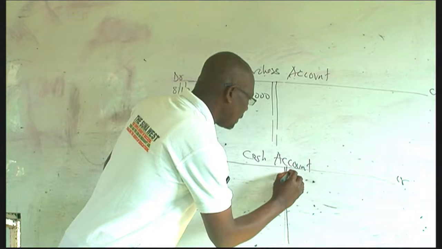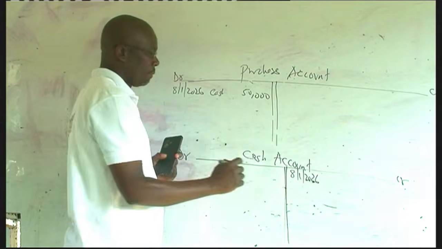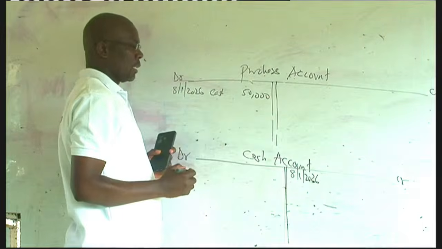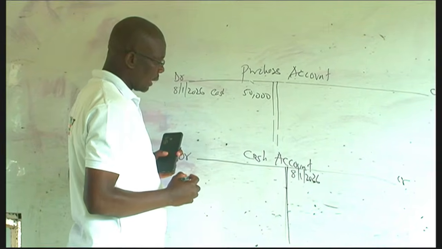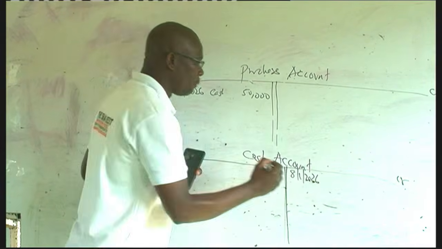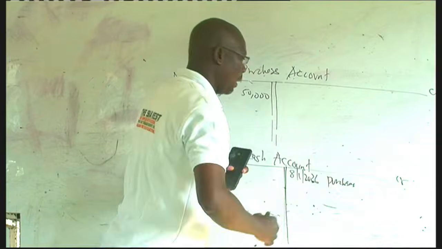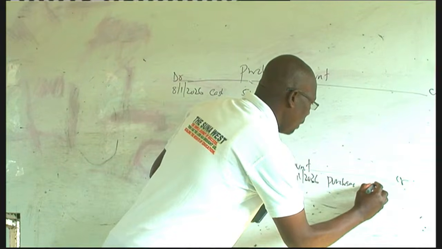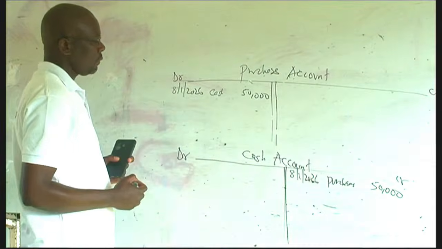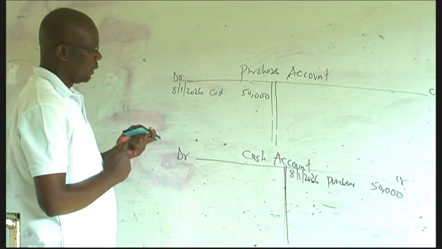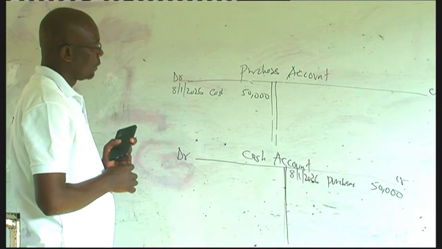So we'll have the date here on the credit side. Whatever the cash has been used to buy is purchases. And the amount that is involved is 50,000. So that is the cash account.